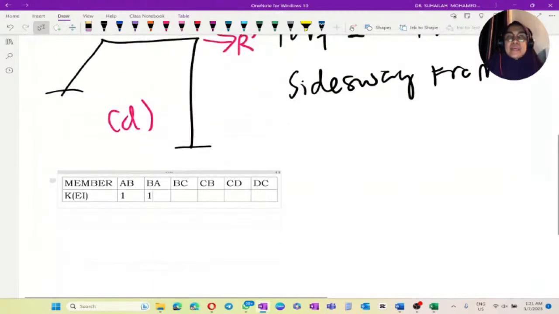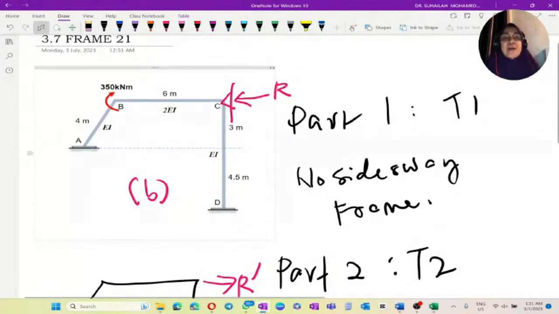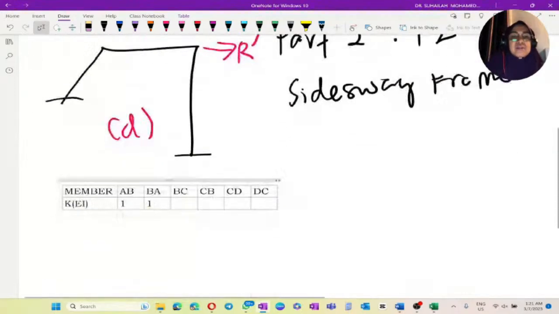For BA it is the same. When we move to member BC, an internal member, we still use 4EI over L, but this time we have to multiply by 2, because the EI is 2. So it is 4 times 2 divided by 6 for EI over L. So we get 1.333.